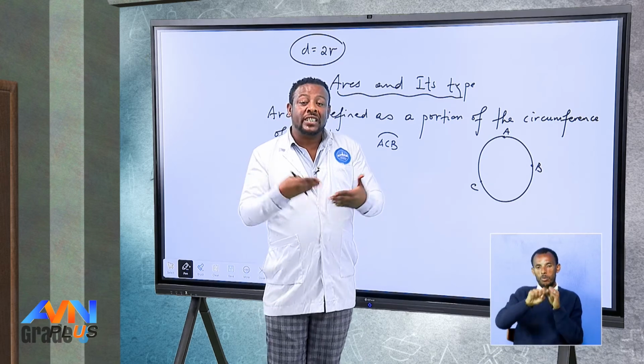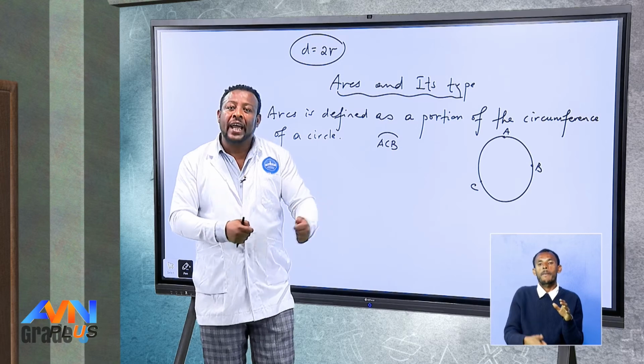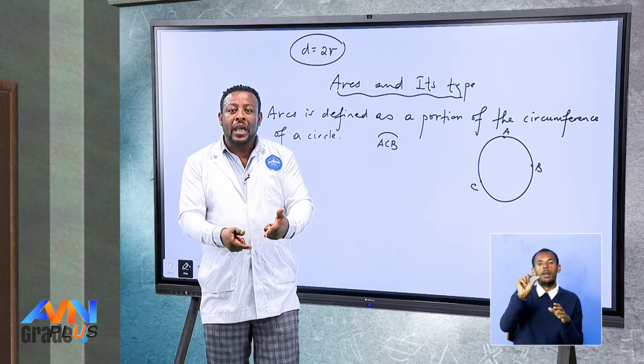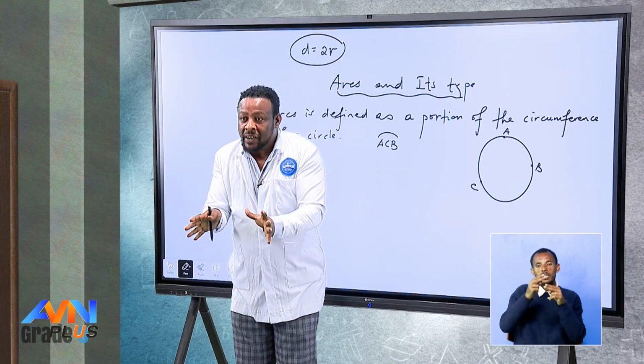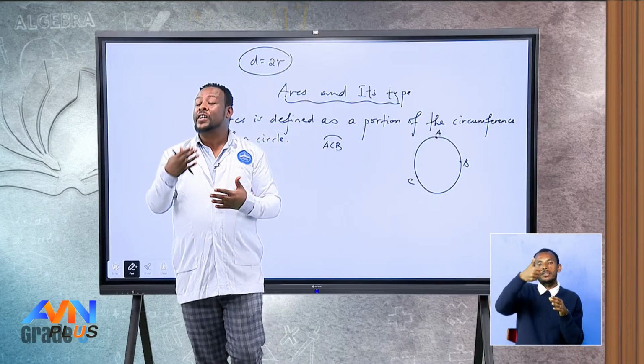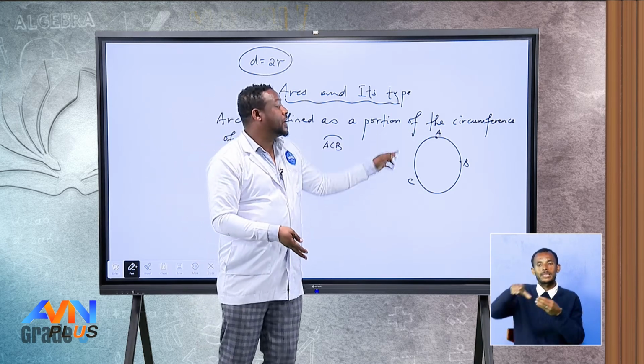Based on this situation, we can classify arcs as major arc and minor arc. Minor arc refers to a small arc, and major arc refers to the bigger portion of the circumference, or the bigger arc.